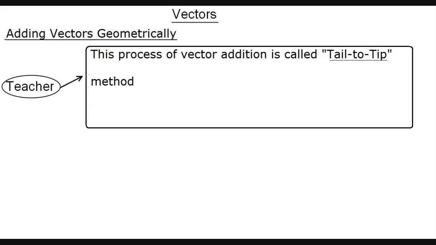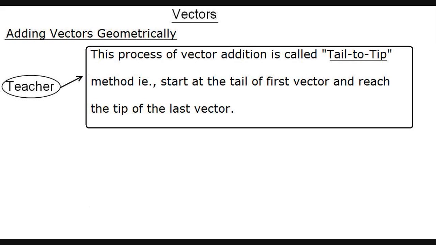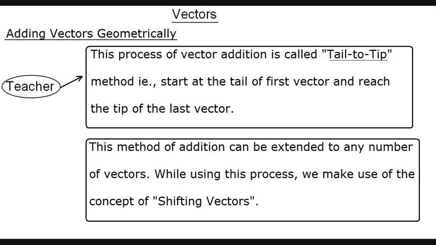This process of vector addition is called tail to tip method. That is, start at the tail of first vector and reach the tip of the last vector. This method of addition can be extended to any number of vectors. While using this process, we make use of the concept of shifting vectors.